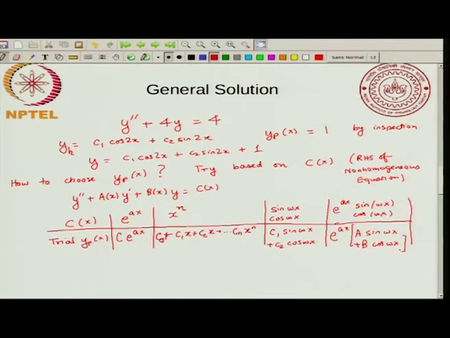You try this form, substitute in this equation, and then calculate the values of a and b. So what I am showing you here is a recipe of how you choose your particular solution, just by looking at the form of c of x.